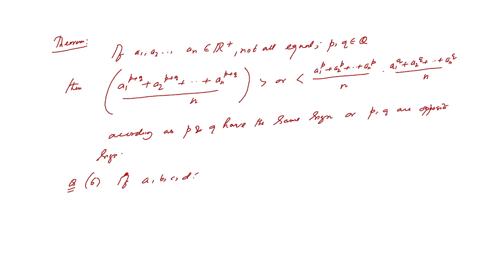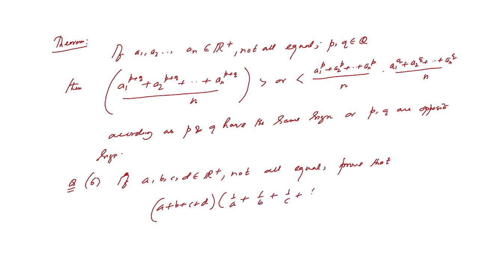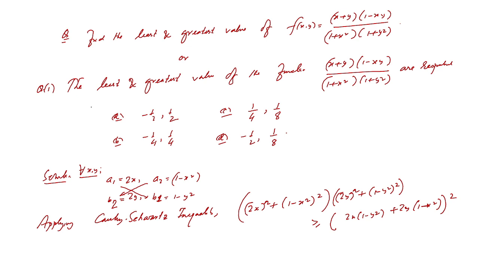If A, B, C, D all are positive real numbers, not all equal, prove that (A plus B plus C plus D) multiplied by (1 by A plus 1 by B plus 1 by C plus 1 by D) is strictly greater than 16. So in the previous case, this answer will be correct, option A, and all other options will be false.